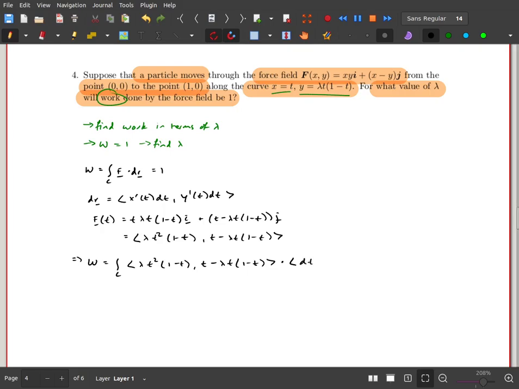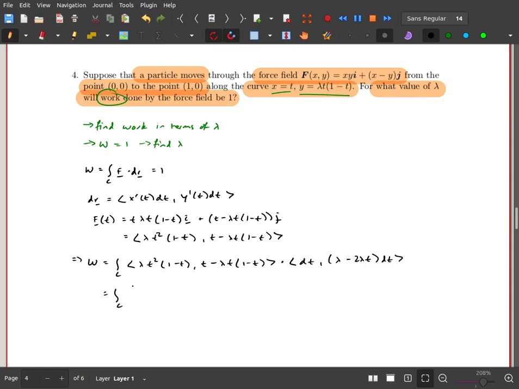So that will be dt, comma. So y prime t, that will be lambda minus 2 lambda t dt, which is c.